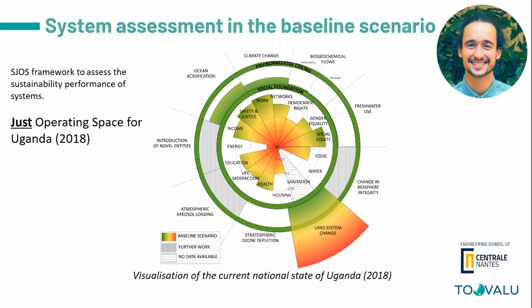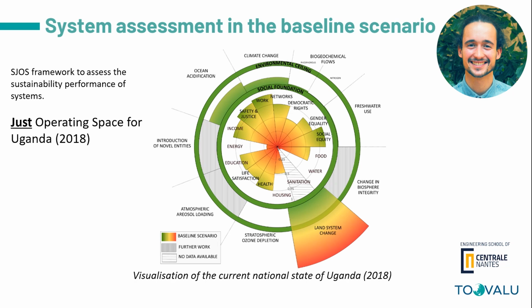So then we assessed the state of the country in Uganda for the social foundation first in our research paper, but also for the project we also assessed it on an environmental assessment based on the planetary boundaries. So for the social foundation here, basically, this is a visualization of the donut theory. Basically, you are in the inner circle for the social foundation.